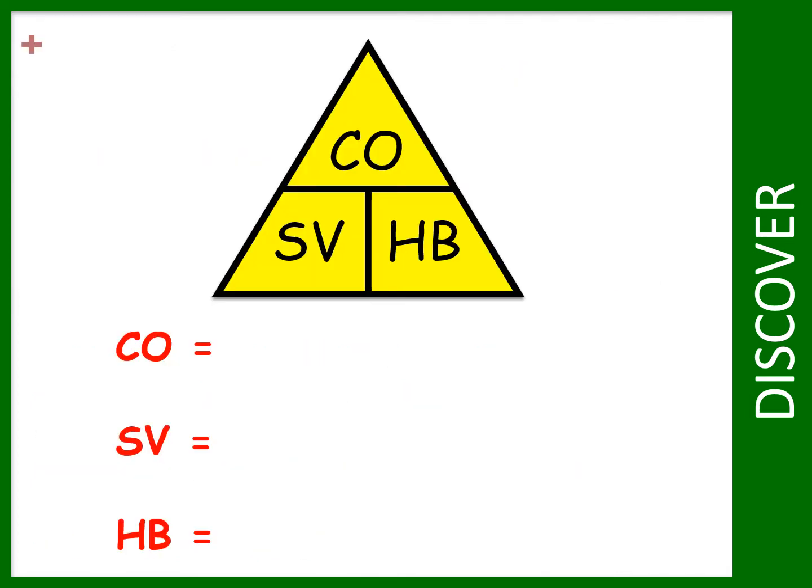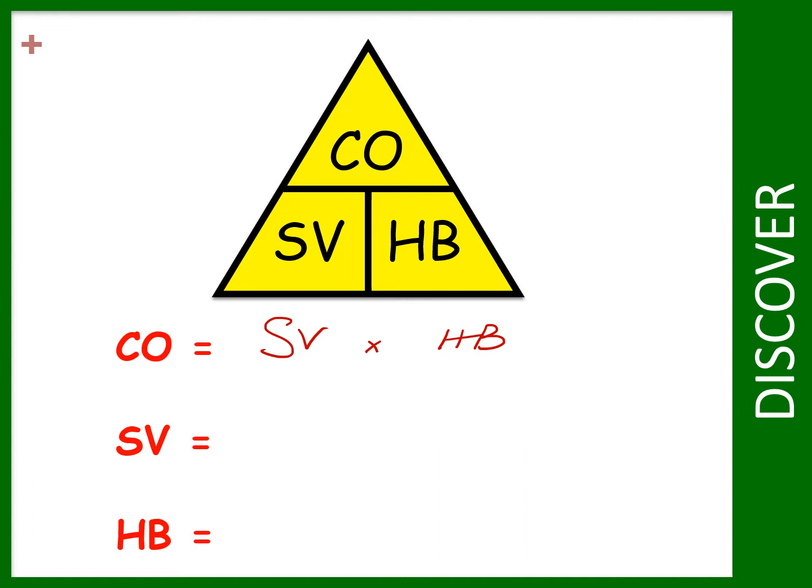So anytime we've got an equation made up of three parts and we've got two values within that equation, we can always work out the third value. So for example, if we wanted to work out cardiac output, we would need the stroke volume, and we'd also need the number of heartbeats per minute. So we can just use this triangle to help us there. Now, if we were given the cardiac output and the heartbeats per minute, we could work out the stroke volume.